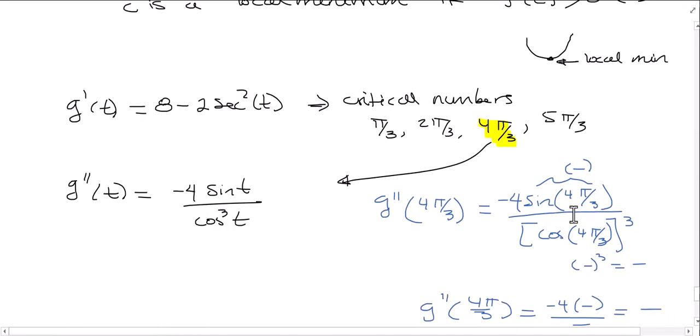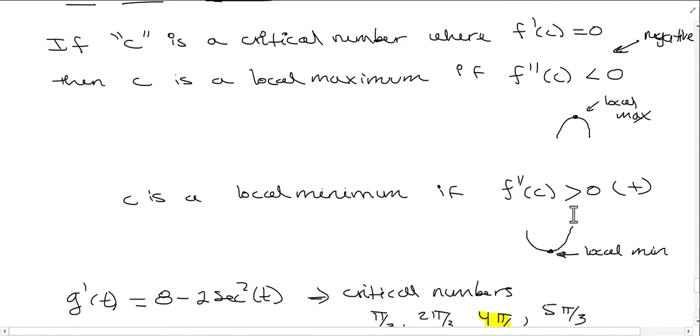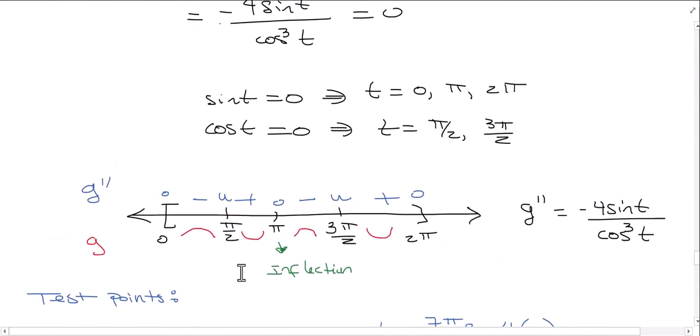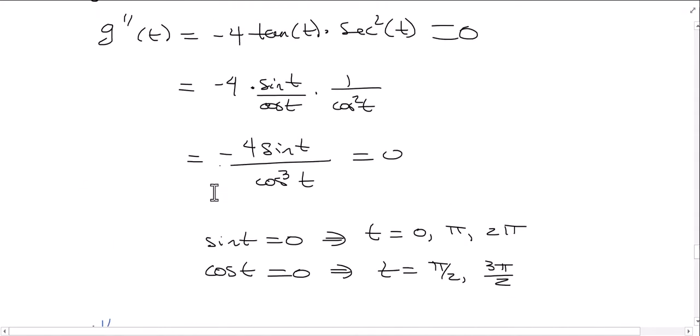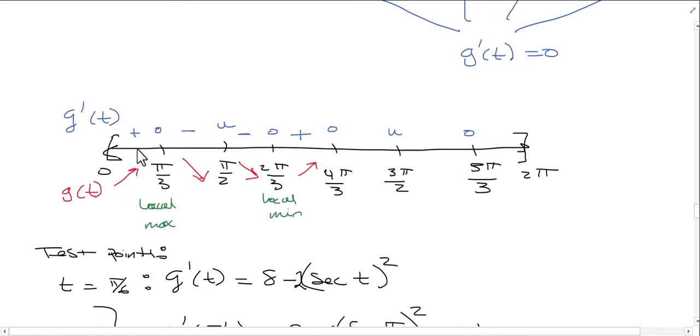And that is a nice little shortcut for determining local maxes and local mins without having to go through the entire number line process, to see whether the first derivative is increasing and then decreasing. Plugging into the second derivative creates a shortcut, other than the fact that you have to take the second derivative.